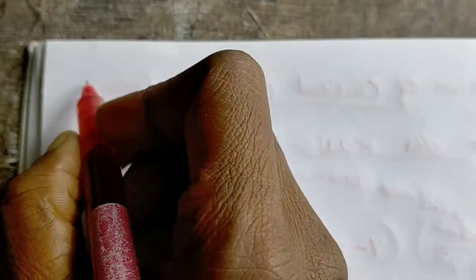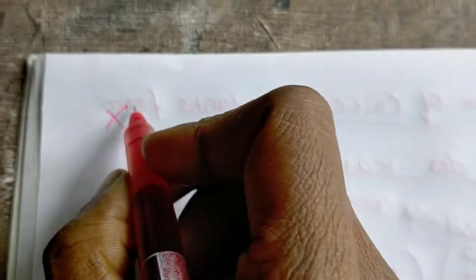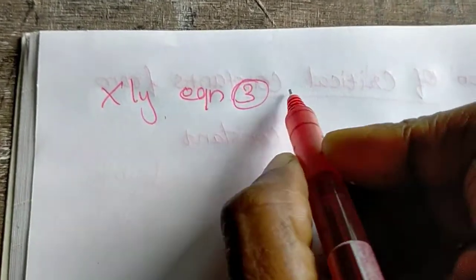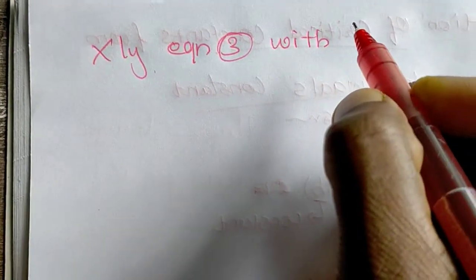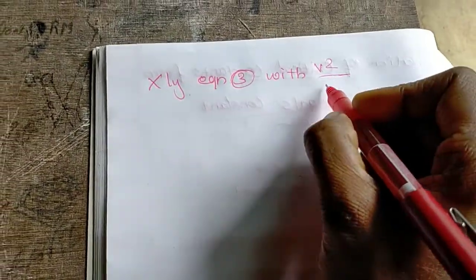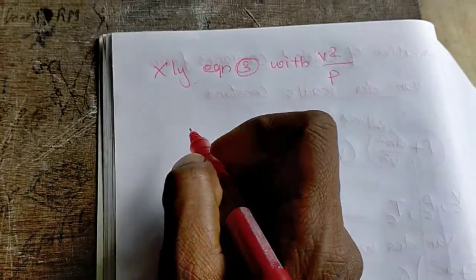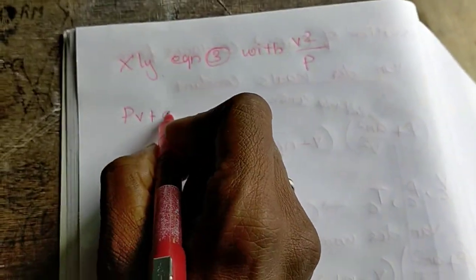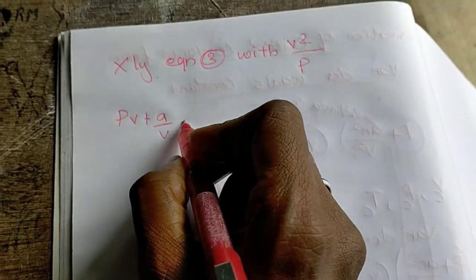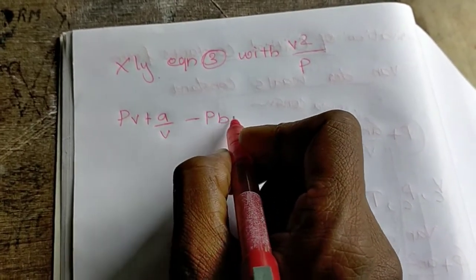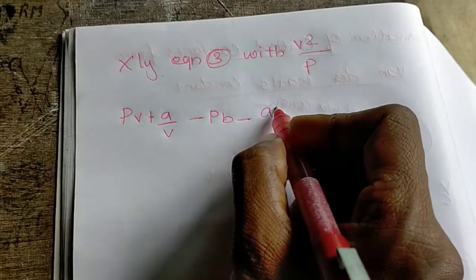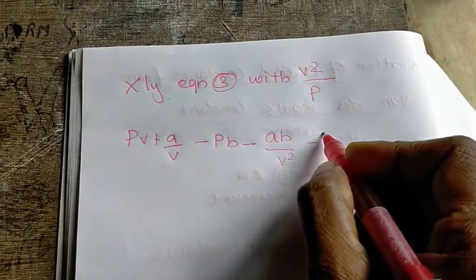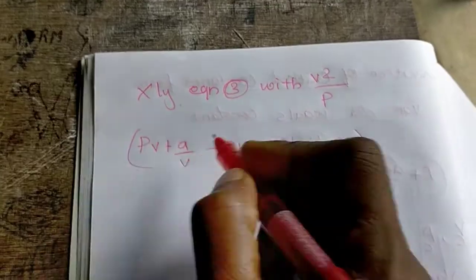Next step, multiply equation 3 with v square by P. Okay, now you write the equation 3: Pv plus a by v minus Pb minus ab by v square minus RT is equal to 0.